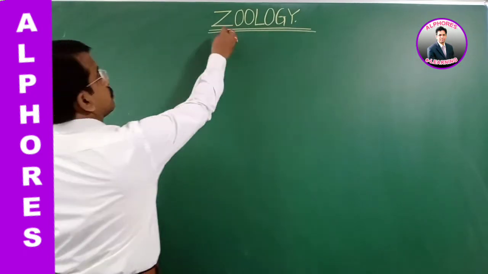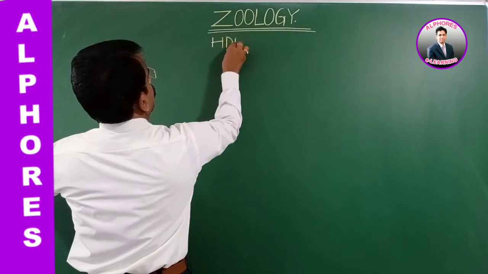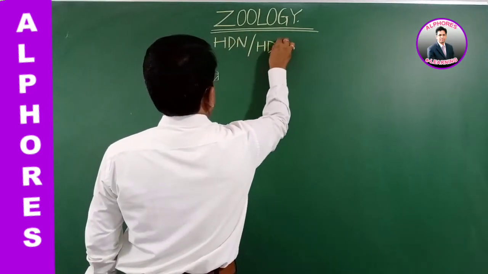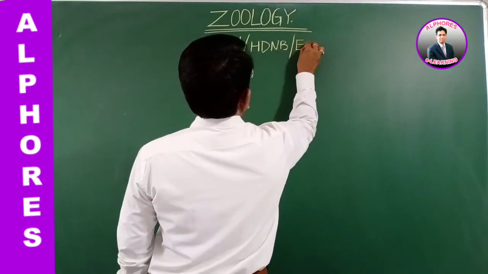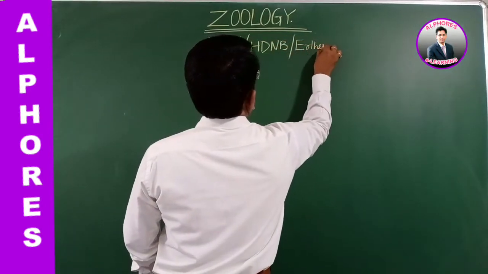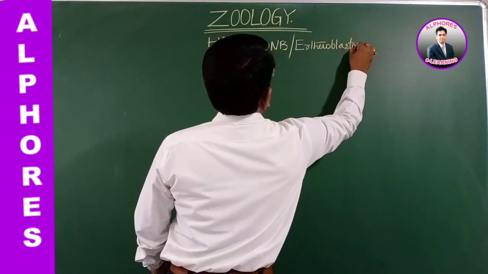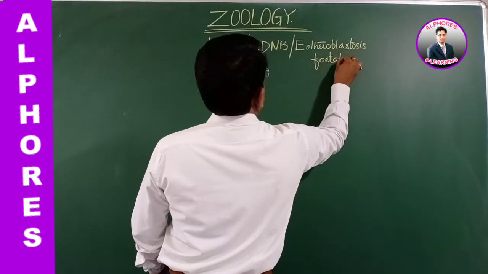Now we'll go for the discussion of the HDN and HDNB, or else it is said to be erythroblastosis fetalis.